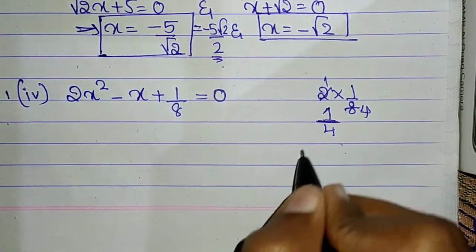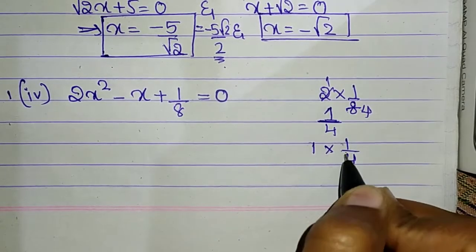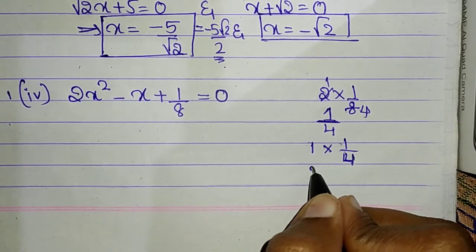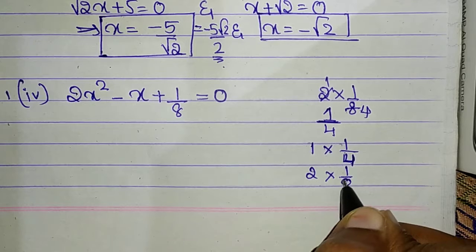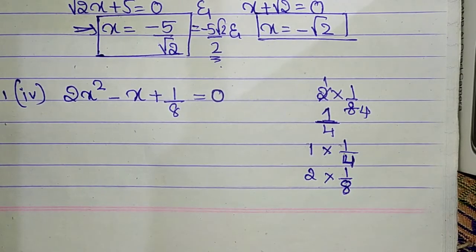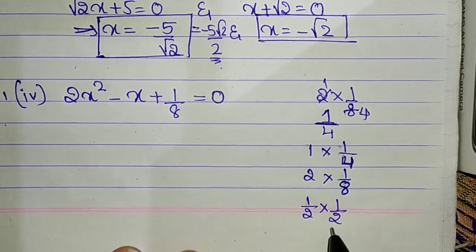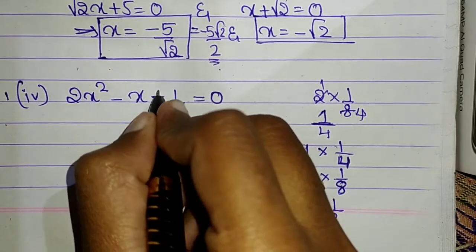So factors of 1 by 4 are 1 into 1 by 4. 1 into 1 by 4 is one of the factors. Then we have 2 into 1 by 8. This is also one of the factors. Then we have 1 by 2 into 1 by 2. So after listing all the known factors, what is the sign here?